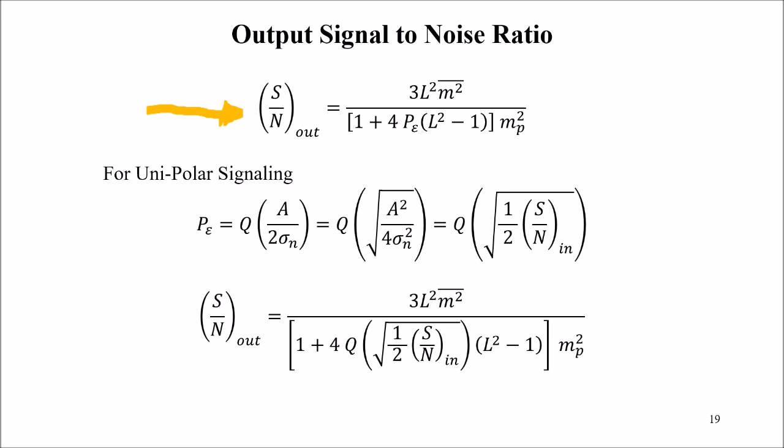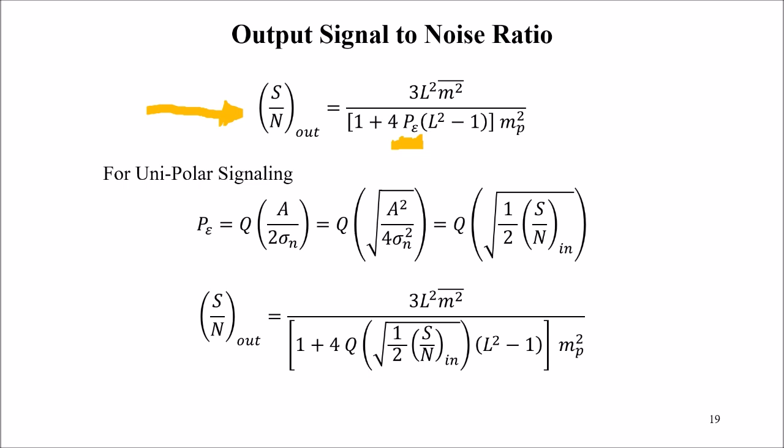We've got a constant 3 times the number of levels squared times the average power in the message signal, divided by this term in brackets: 1 plus 4 times the probability of a bit error, that's an interesting twist, times the level squared minus 1.